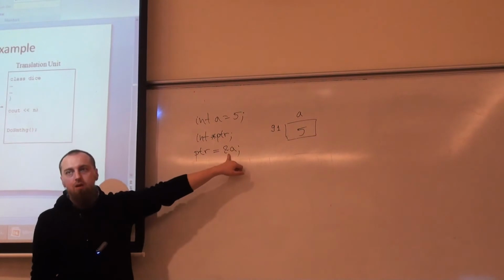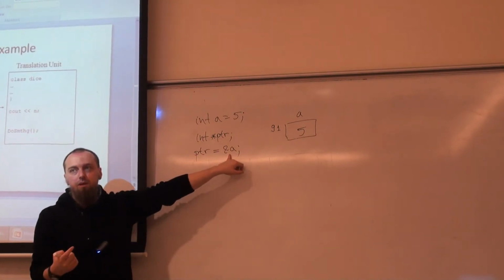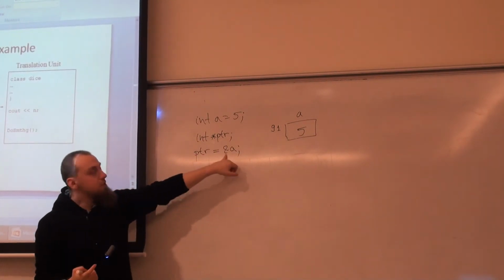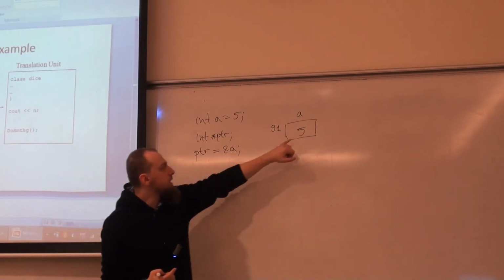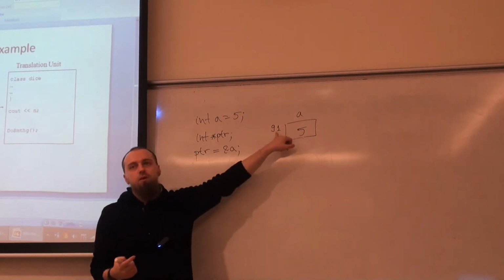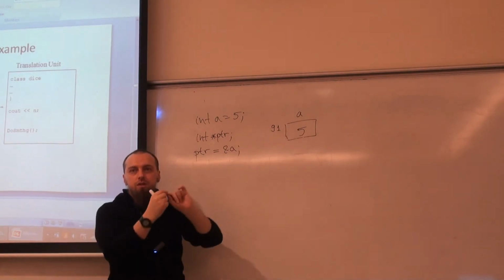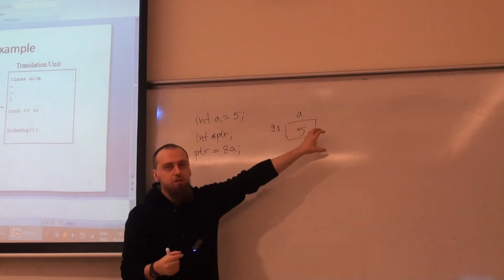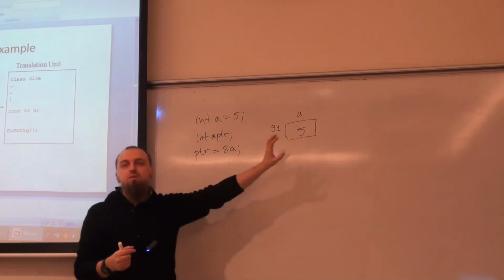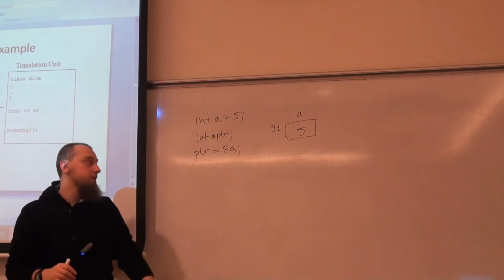And you have seen this sign before. This is the ampersand. Okay? This is for the address. So if this is a, ampersand a is 91. That's why when you send your variables as references, you are sending the address, and to that address a new name is assigned. But this is something similar, but not exactly the same.